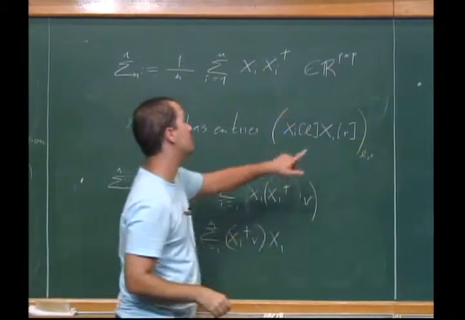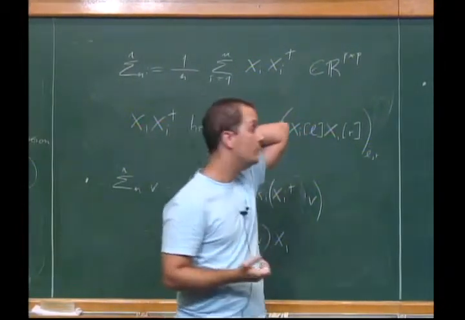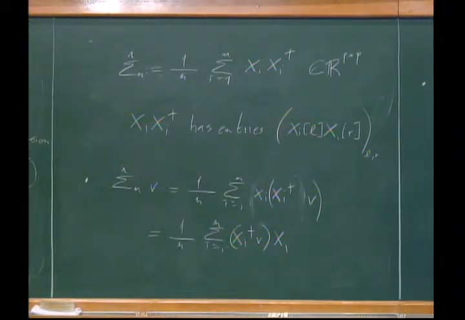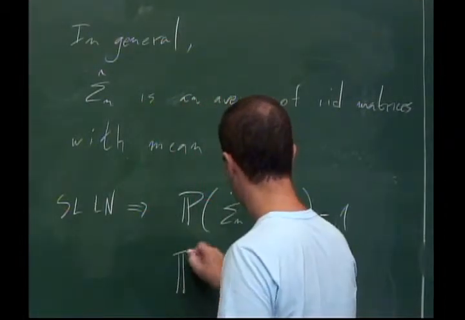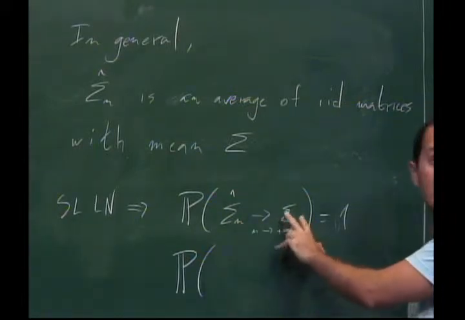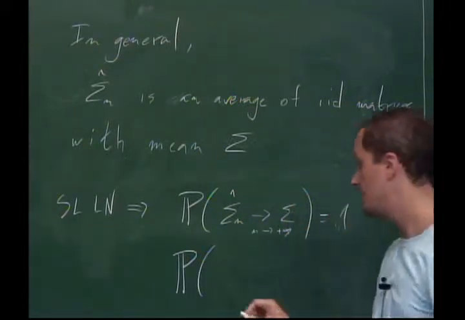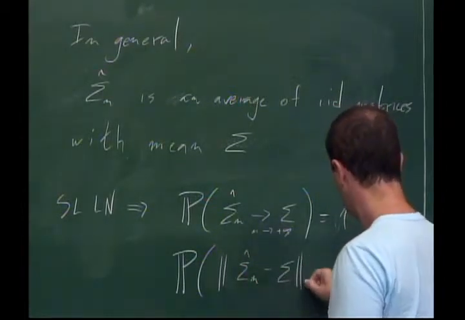The space of matrices is a finite dimensional vector space. And we know that on a finite dimensional vector space, any two norms are equivalent. So you can rewrite this. I said this matrix converges to this one entry-wise, but that's the same as saying that the operator norm converges to 0.